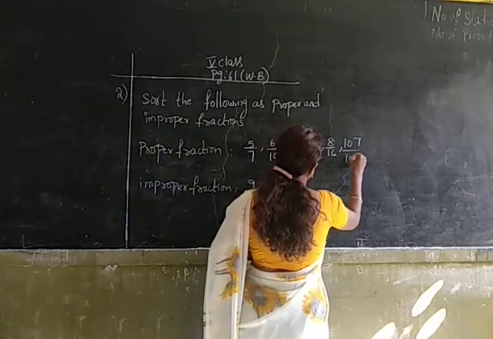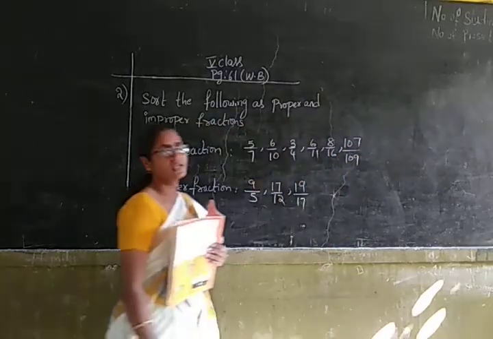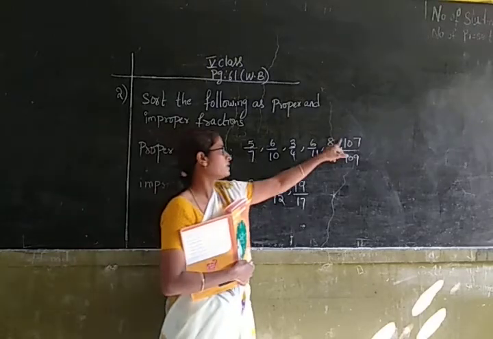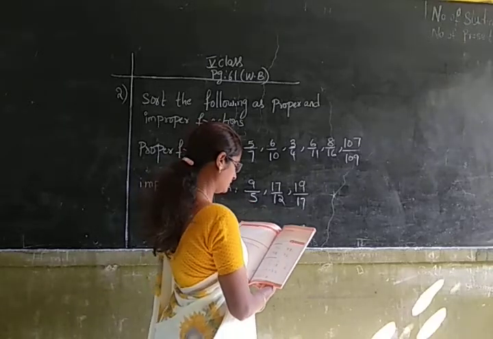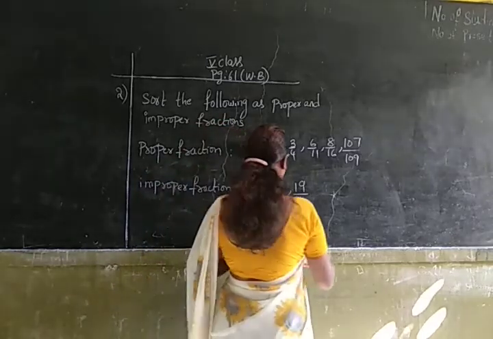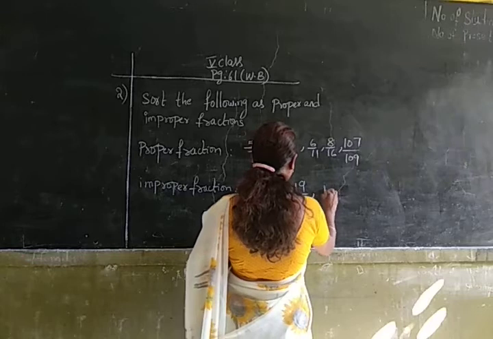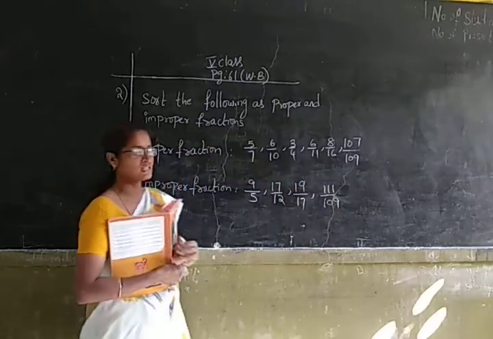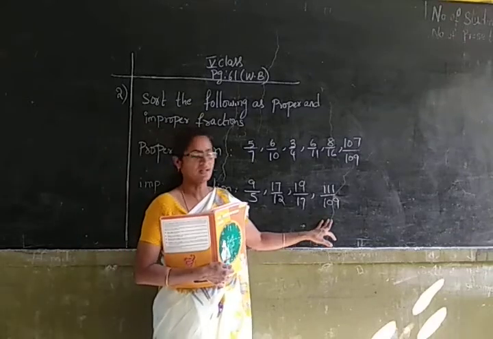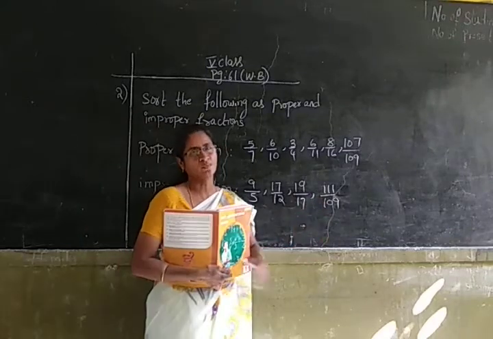It is a proper fraction because the numerator is smaller than the denominator. The next one is 111 by 109. Here 111 is greater than 109. So it is an improper fraction.